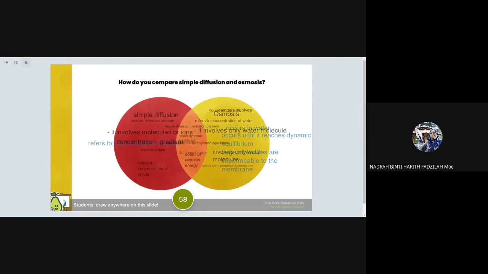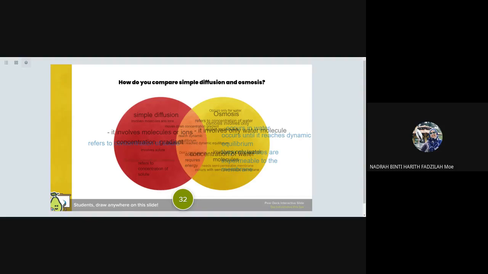Okay, so ini adalah similarities that I can see here. Continues until reach dynamic equilibrium, does not require energy, and then differences. Simple diffusion involves molecules and ions. Osmosis occurs only for water. Simple diffusion refers to concentration of solute.